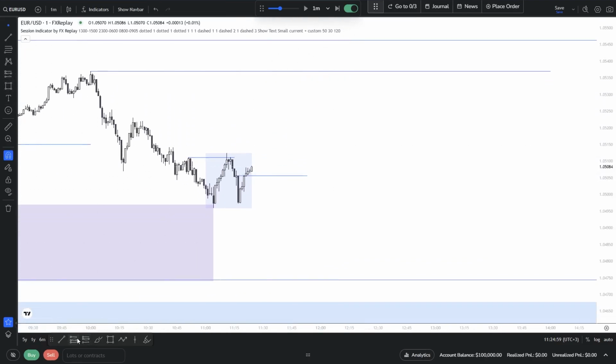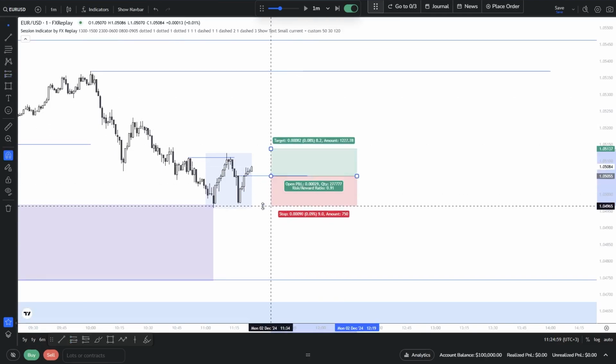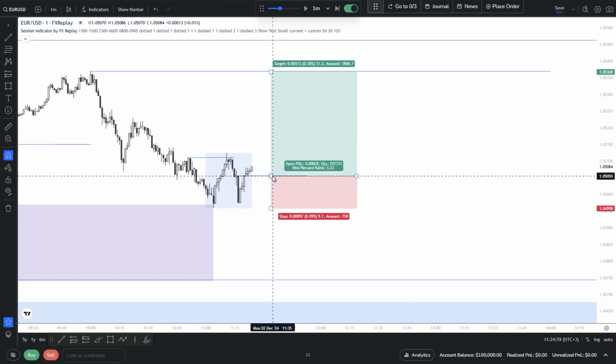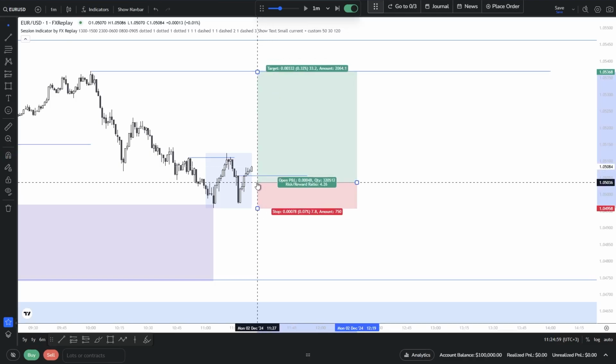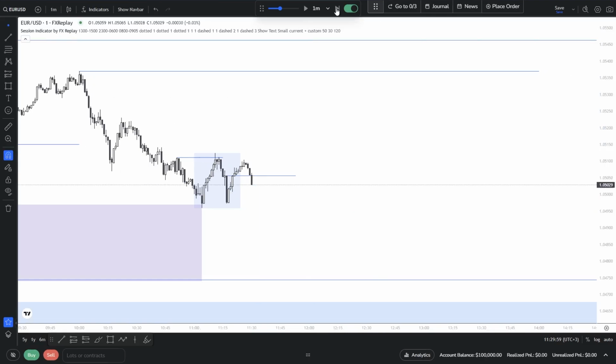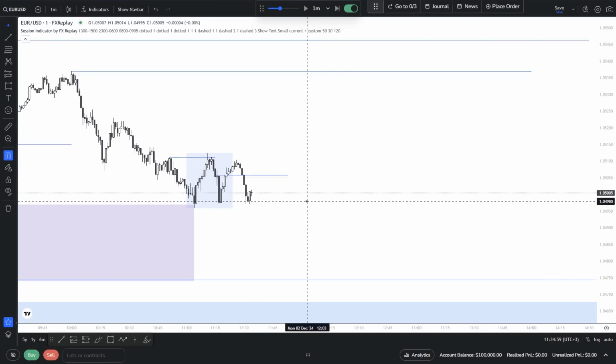Obviously the risk reward is not that good in my opinion. I want to cover the low, so just like a 3R trade. If I drag my stop loss to there, nah, 4R. I need something way more, at least a 5R.